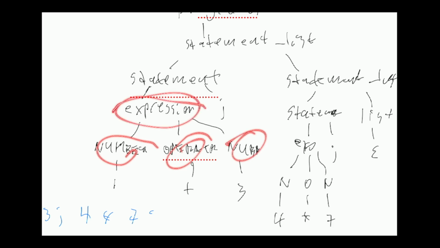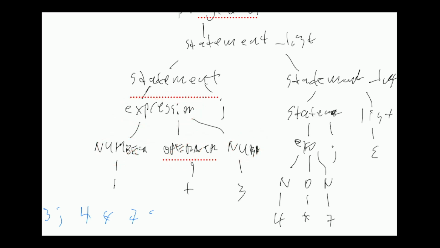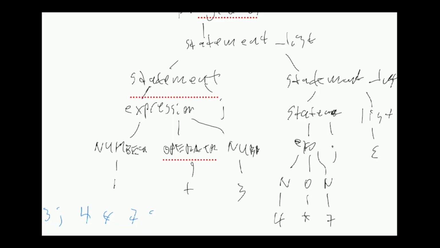So when we see expression, even without seeing the rest of the tree or the rest of the input, we know we're going to generate code that looks something like this.